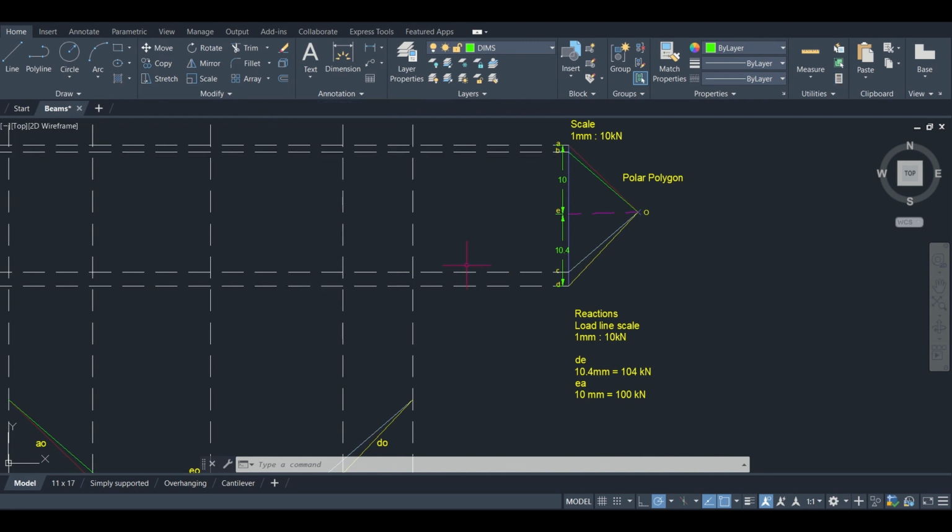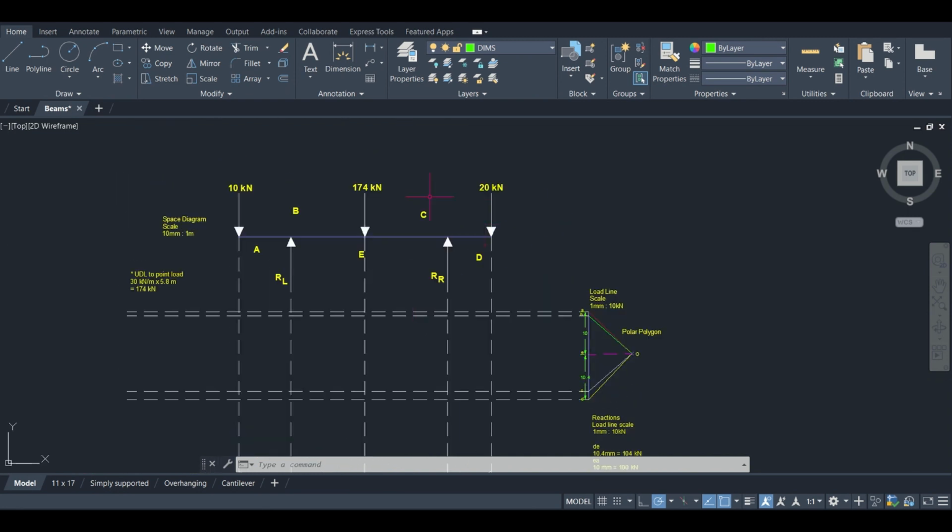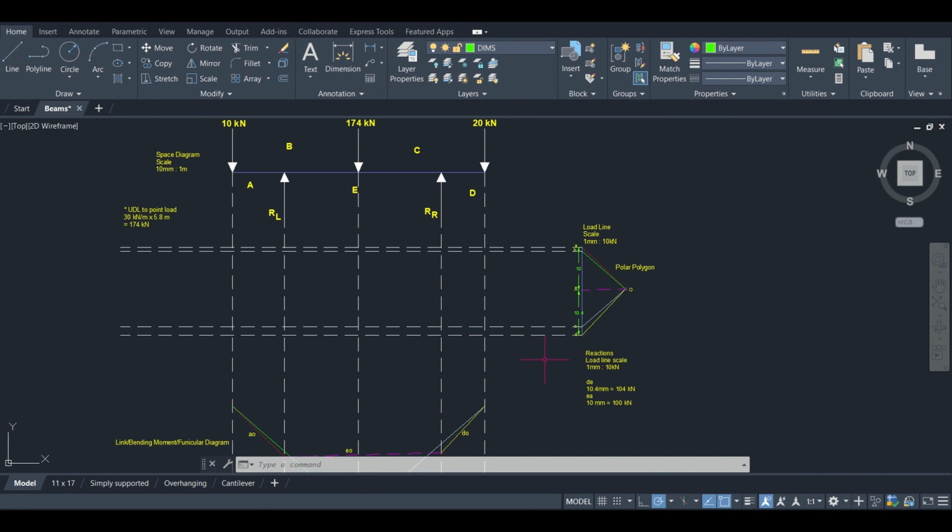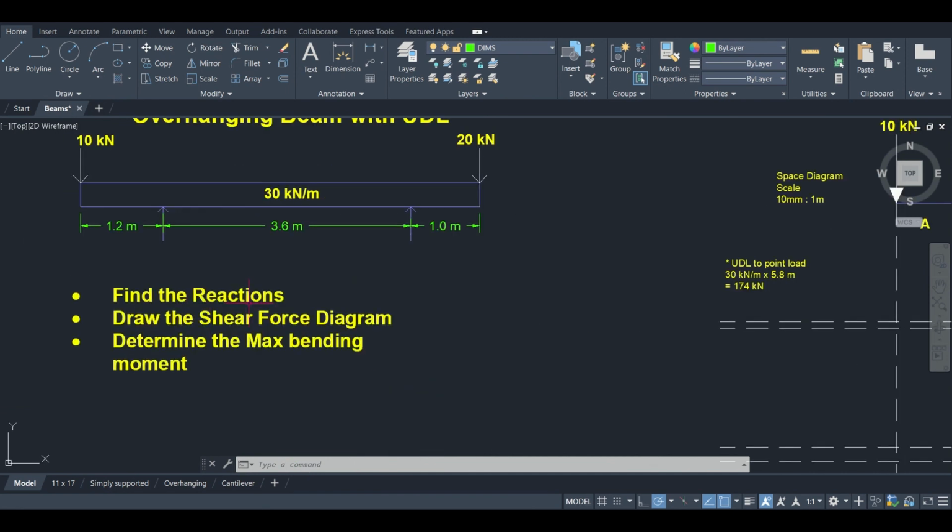So we have met one of the conditions for equilibrium. So we can almost kind of rest assured that our answer is correct. As long as the sum of our reactions is equal to the sum of the downward forces, then we are more or less correct. Very good job. So now we have done the first item or the first criteria.